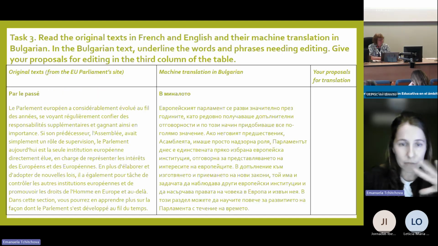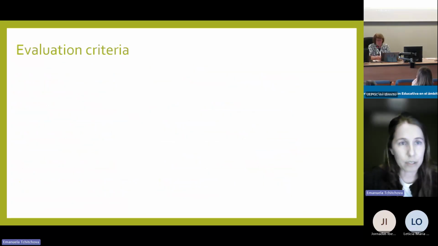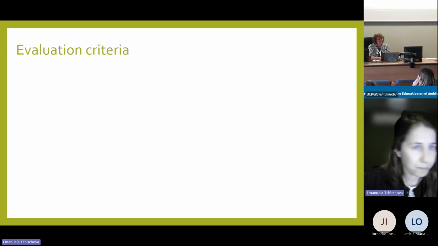So these are very brief examples just for the length of texts. There were not long texts, really short ones, and they had to underline the parts where it wasn't correct.